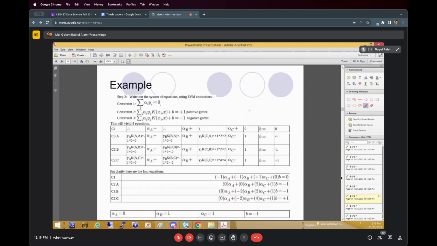This tabular method is very clear, because we have already developed these equations and also applied them to solve our SVM problem, using the alpha and psi to find the omega. So that's all in our SVM discussion.